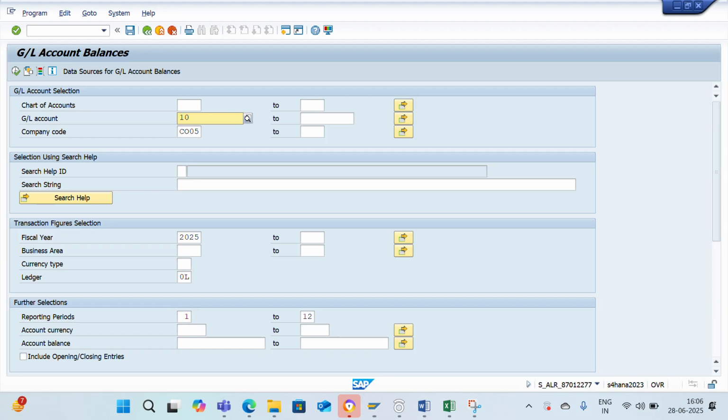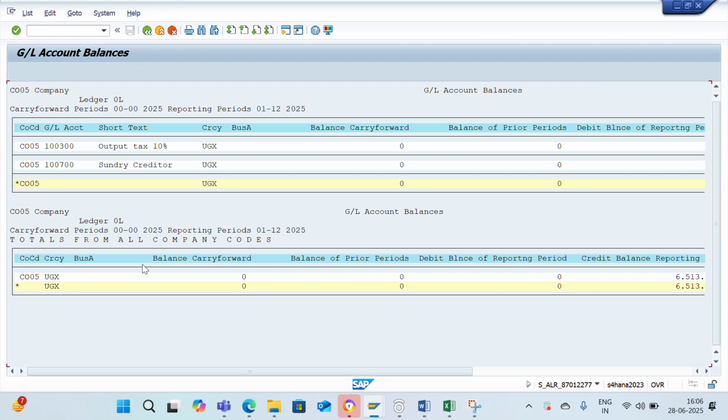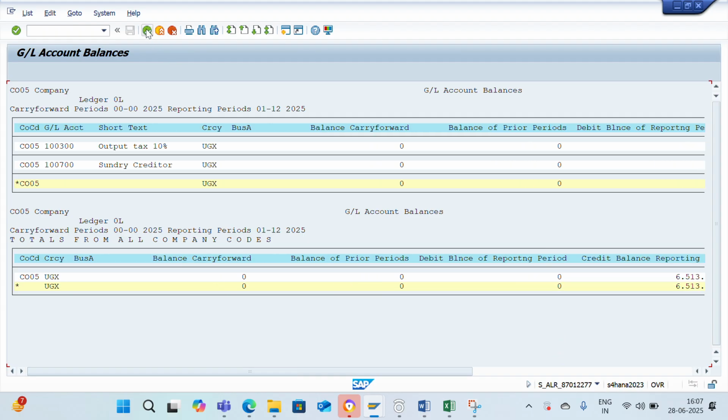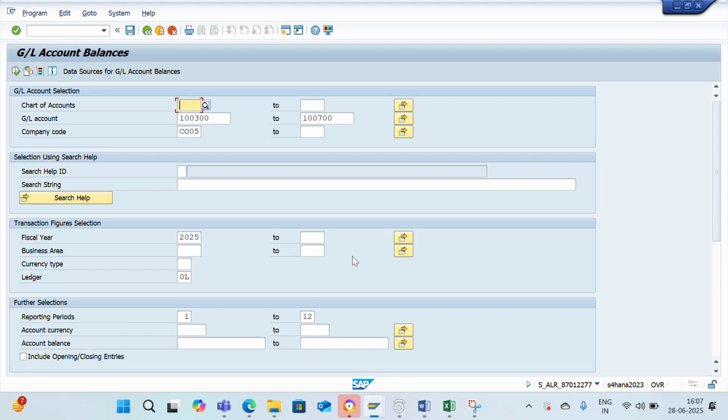Again I am giving the same GL account, and let's see how this report shows the value. You see there are two line items for 100300 and 100700. There are balances on the credit side, 100 and 6513,000, and the accumulated balance is 6513,100. This is also the balance report, not the line item report.